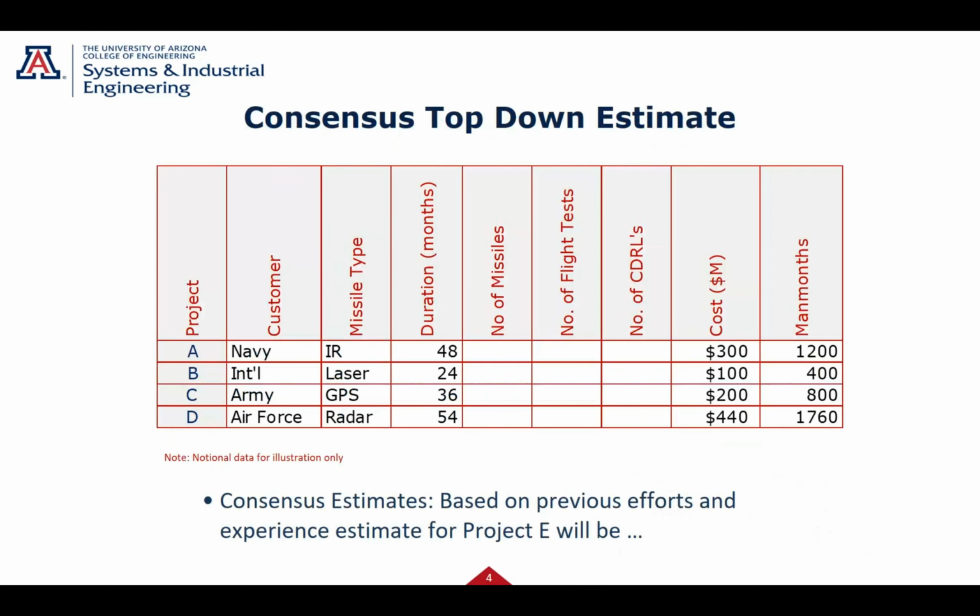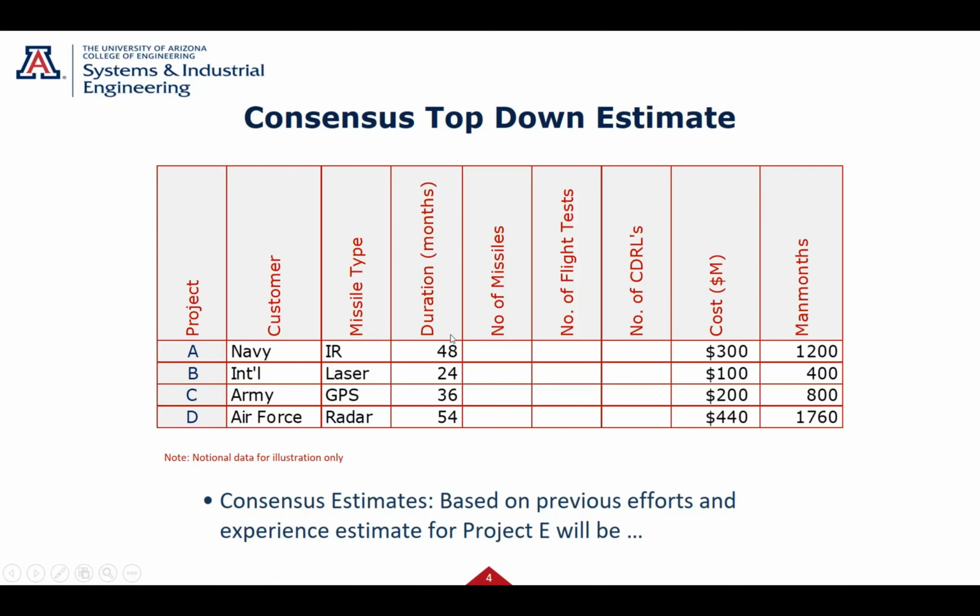So first is consensus. I've had experience in multiple projects in my past, and I've had maybe different programs. I'm going to show you lots of notional data in this section just to give you ideas, but the data is not accurate, it's just notional.